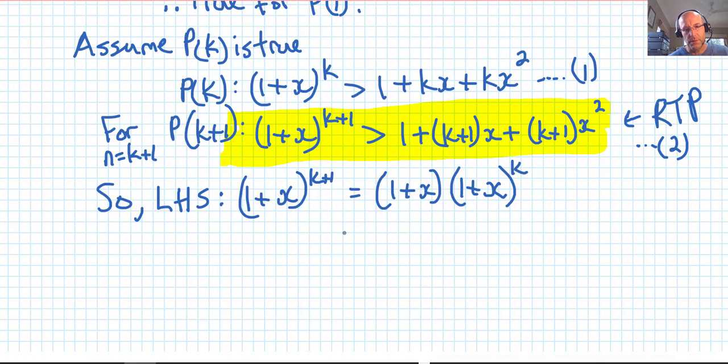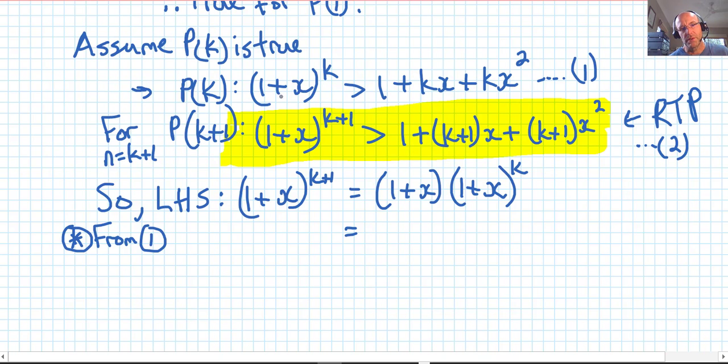Rightio. Now we're going to refer back to statement 1, which is the line for P(k), the inductive hypothesis. This is the key strategy which makes this a little bit different to some other inductive proofs. Whenever we see (1 + x)^k, we know that it is bigger, based on the assumption, than 1 + kx + kx².